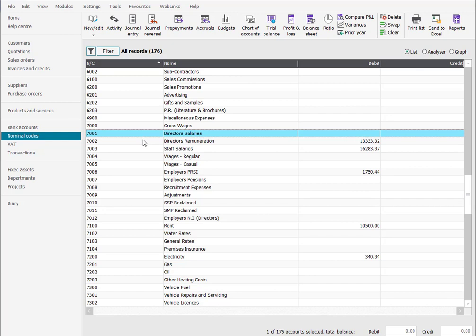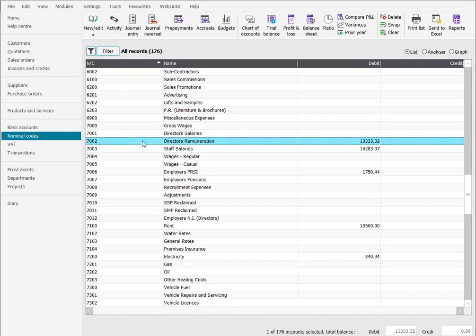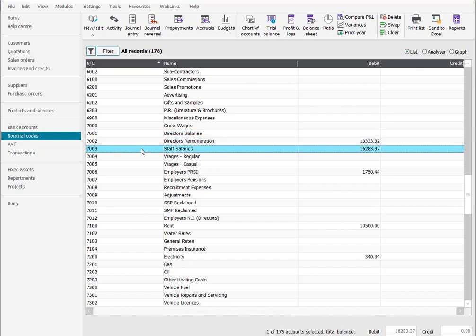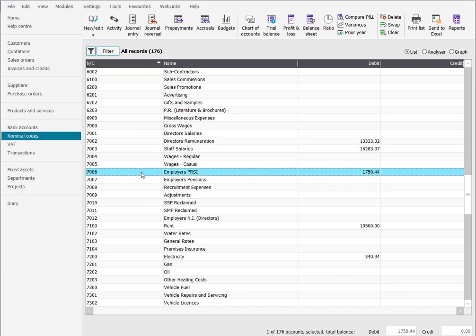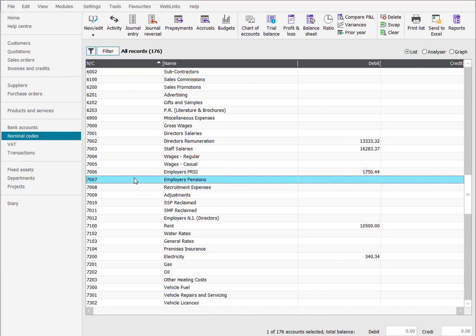Now, because they've already used 7002, that's what I'm going to use. Staff salaries 7003, so I'm happy with that. Employer PRSI 7006. Redundancy I don't have, and employer pension I have, so I'm happy with all of those.